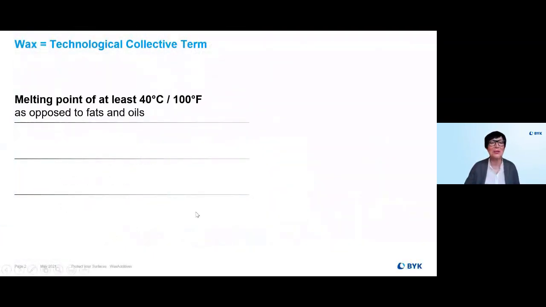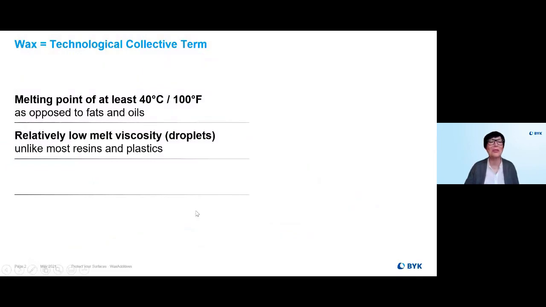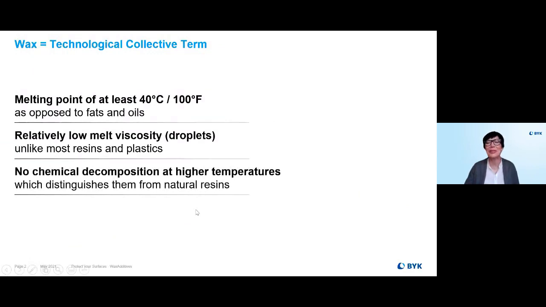Okay, so again, I think there's no need to tell you again what a wax is, but at least I want to show you the slide with the classification.